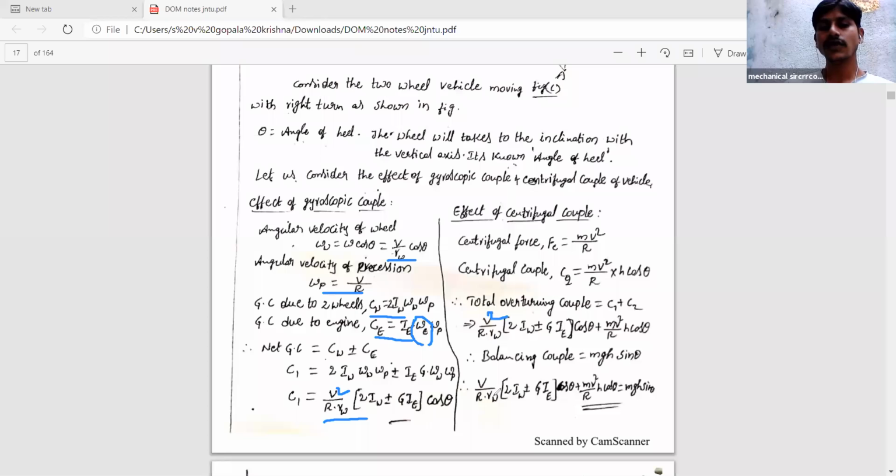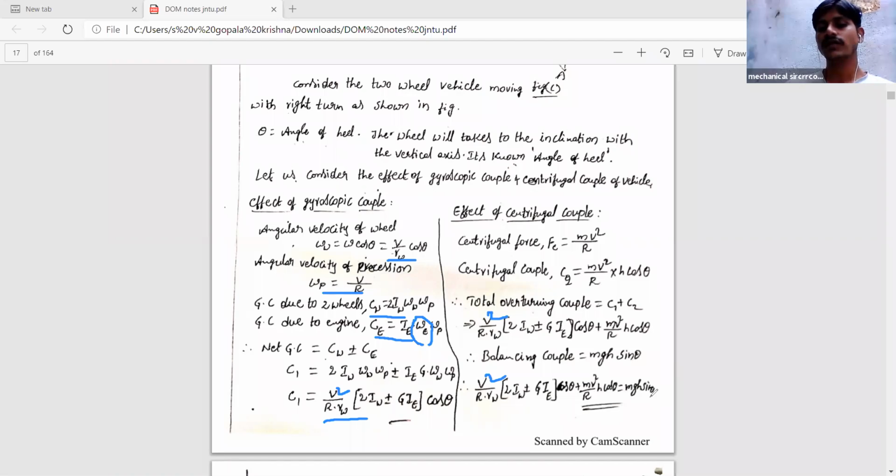Therefore this equation and this equation are equal: this is the overturning couple and this is the balancing couple. So V square by capital R into small r suffix W 2 into I suffix W plus or minus G I suffix E cos theta plus mv square by R h cos theta equals mgh sin theta. This is the main condition.